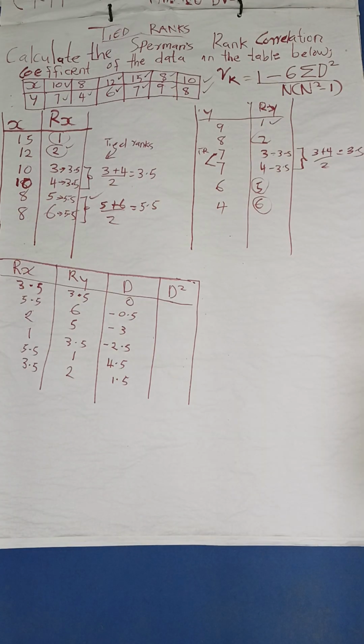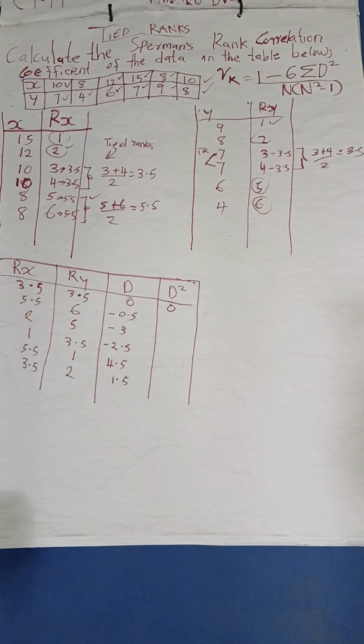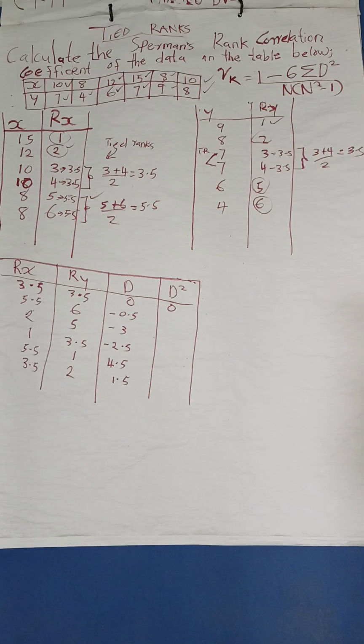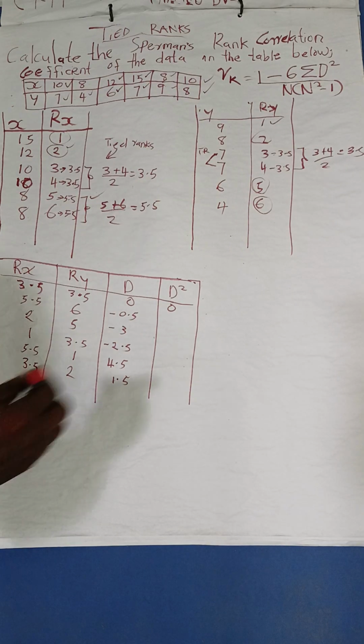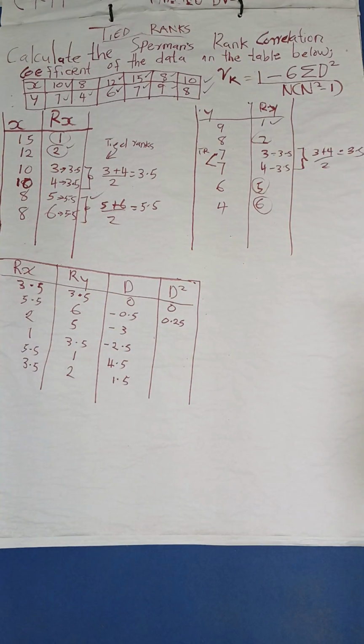We get now the square of the difference. That is the D squared. So 0 squared is 0. Then negative 0.5 squared is 0.25. Negative 3 squared will have what? 9.